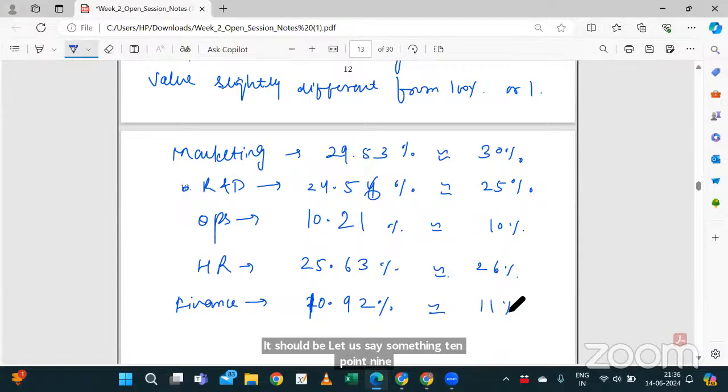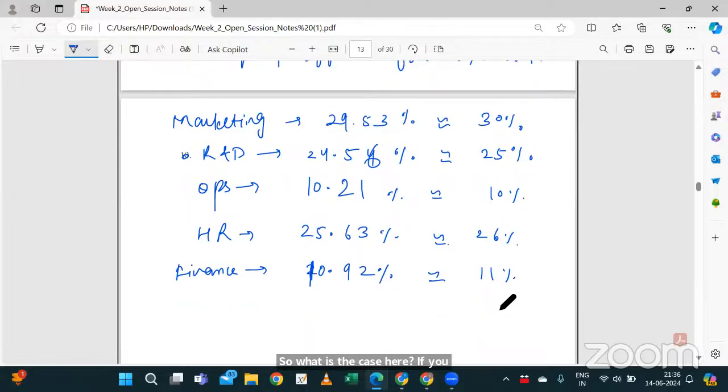So what is the case here? If you add all these things, it comes up to 91, and 101, not 100%, right?